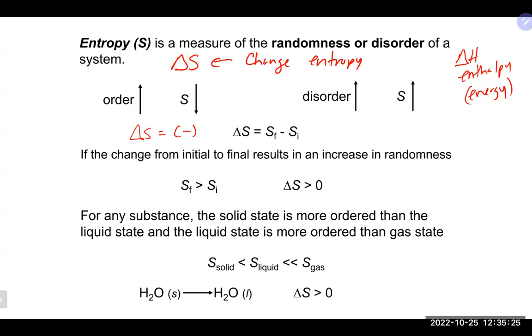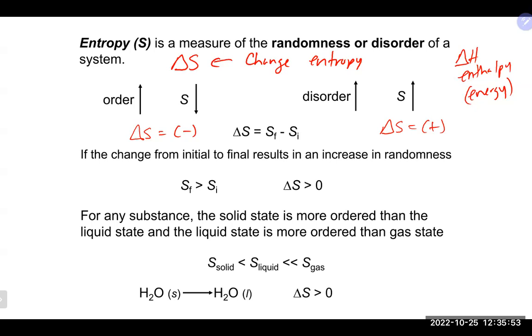When we increase the amount of disorder, and there's a lot more disorder happening, the entropy value actually increases, and it's a more positive value. How do we calculate the change in entropy? It's the difference between products minus reactants, our final minus initial states, to give us our entropy value.